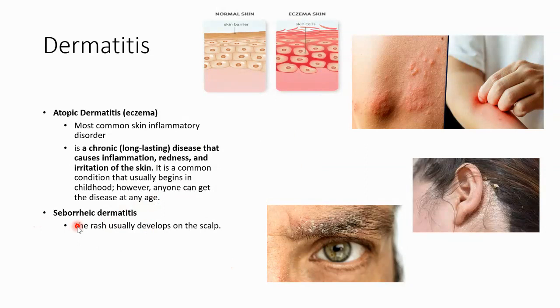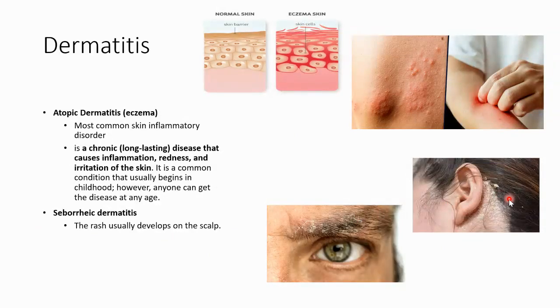The second one here, seborrheic dermatitis, the rash usually develops on the scalp, and this is an example of seborrheic dermatitis here and on this person's eyebrow. Seborrheic means excessive discharge from a sebaceous gland, or from sebum, and usually we have a lot of sebaceous glands in our face.